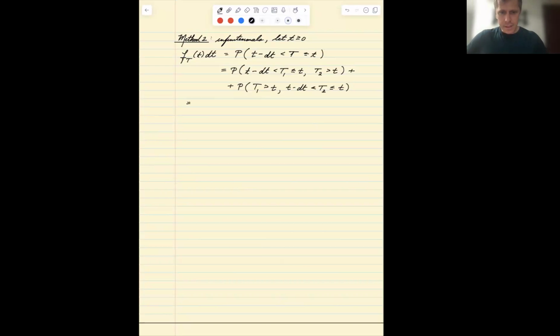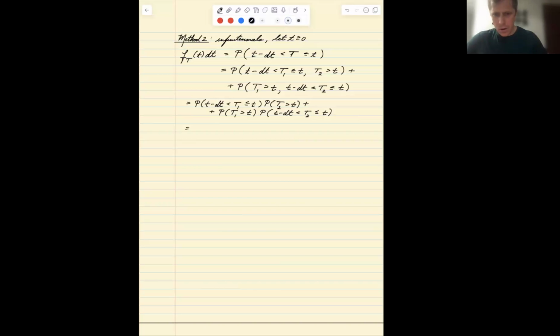So we're going to have the product of the probabilities: the probability that T1 is within dt of t and T2 is bigger than t, plus the probability that T1 is bigger than t and T2 is within dt of t.